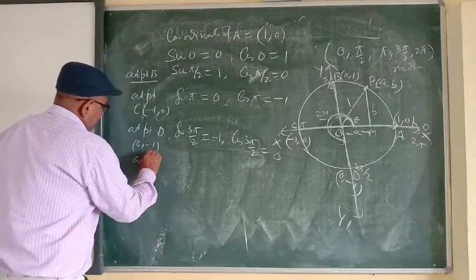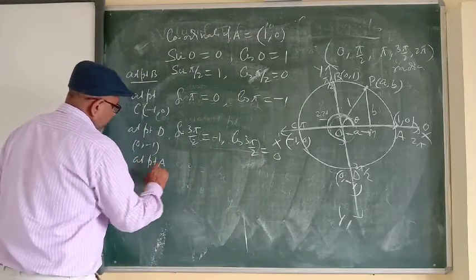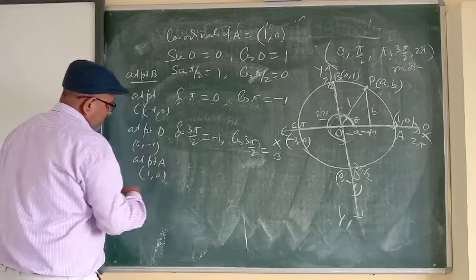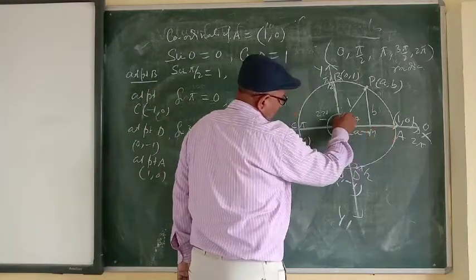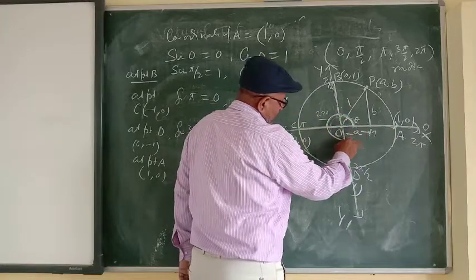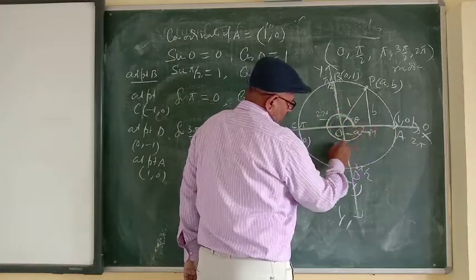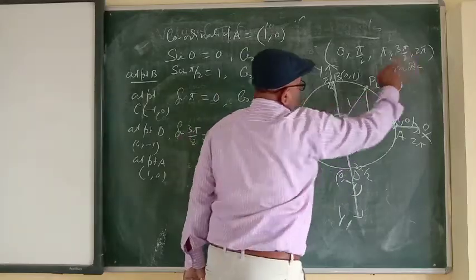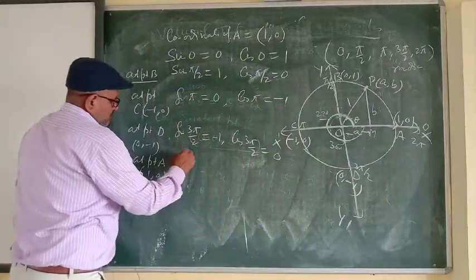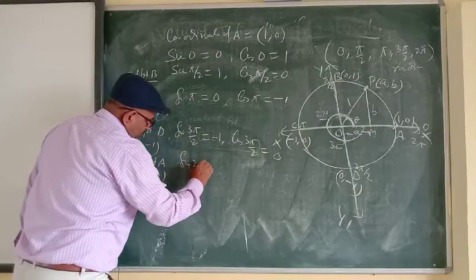Now at point A again. If OA rotates anti-clockwise such that it coincides with itself, OA, then what will be the complete angle? 360 degrees, which means 2 pi radians. So what will be sin 2 pi?